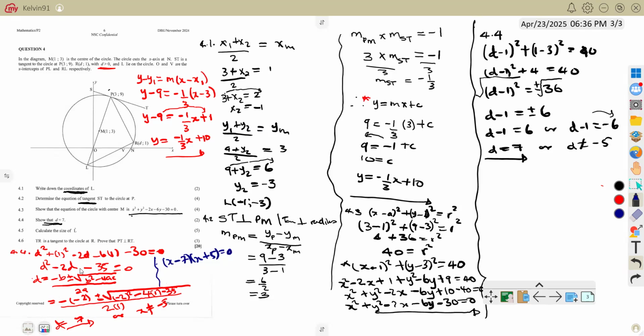If we multiply, they were going to give us negative 35. And if we add them, they were going to give us negative 2. So it's negative 7 and positive 5. Then from there, we equate each bracket to 0 to get an x equal to 7 or an x equal to negative 5. But it's given that D here is greater than 0, meaning to say it's positive. So this one does not apply.